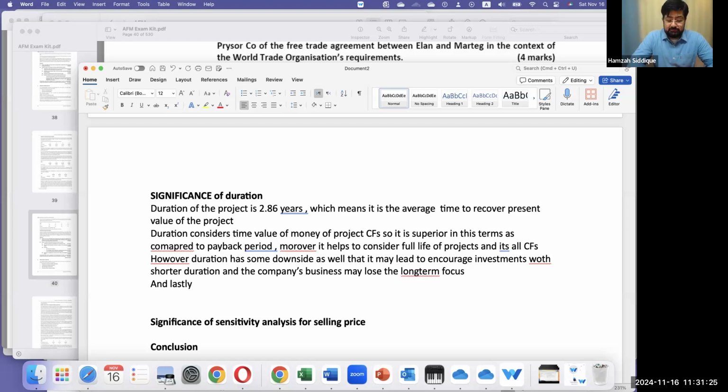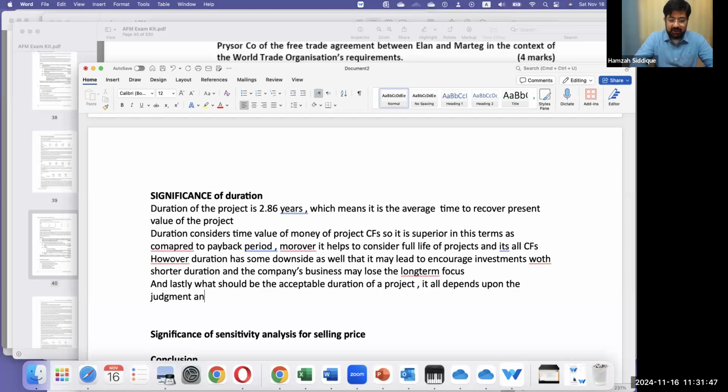And lastly, what should be the acceptable duration of a project? It all depends upon the judgment and risk aptitude of the directors of company.